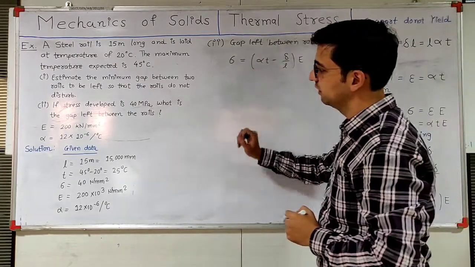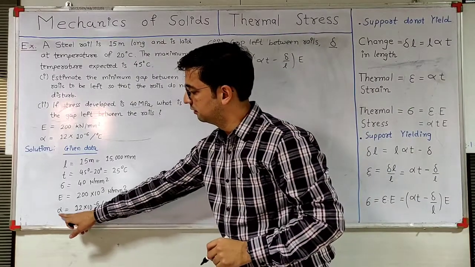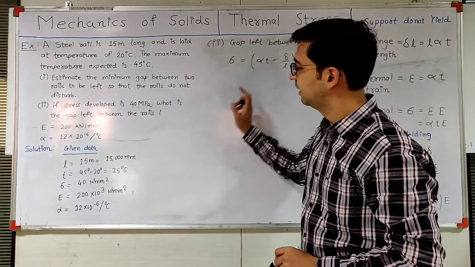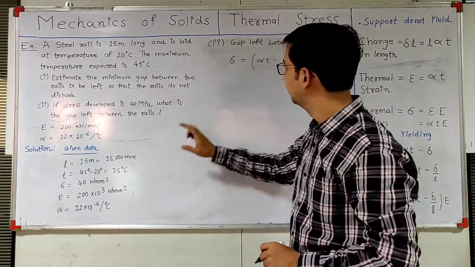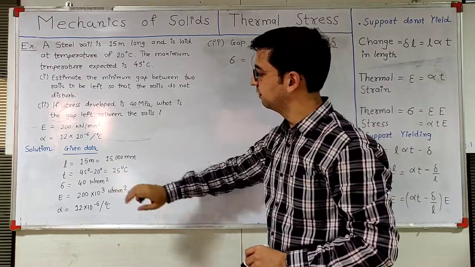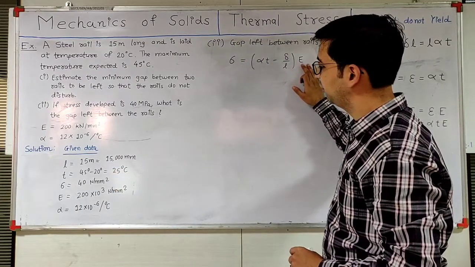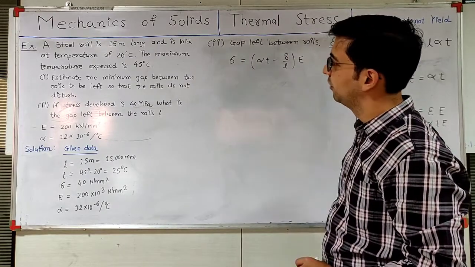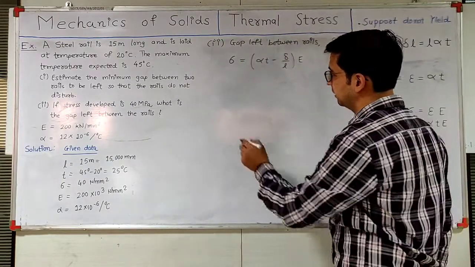Here in this equation we have the values of these: coefficient of thermal expansion alpha, temperature difference 25, delta is unknown, L is known which is 15,000 mm, modulus of elasticity is also given, and thermal stress is 40 megapascal.